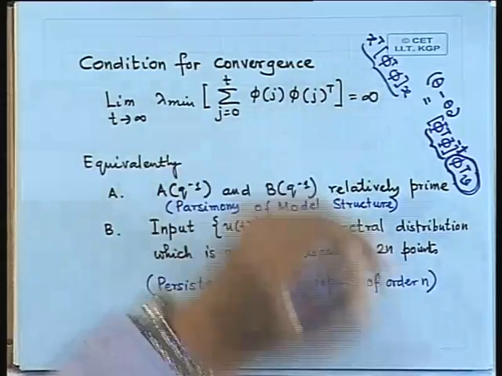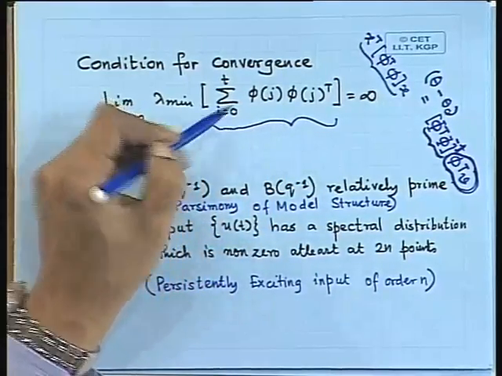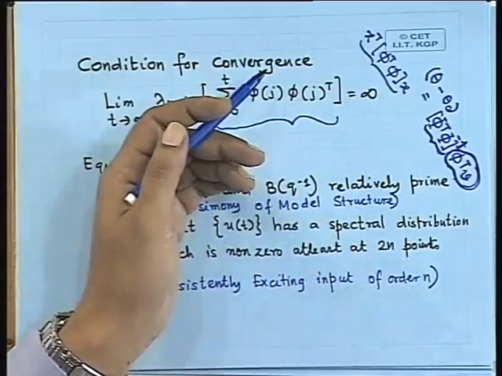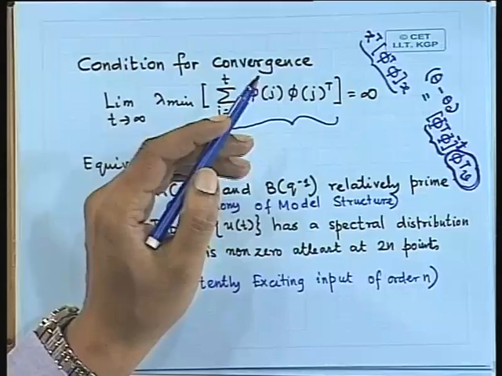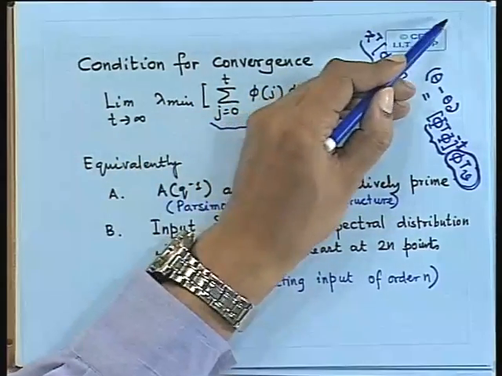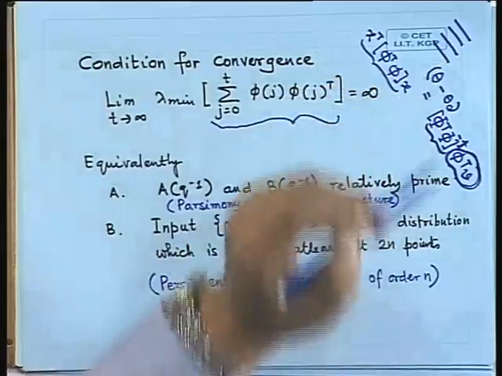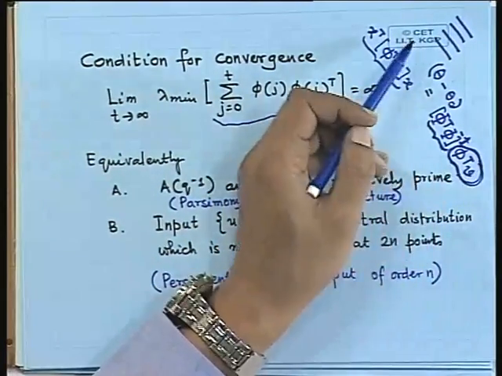So what is phi transpose phi? Phi transpose phi is nothing but this sum. Here I have used small phi's. As we have seen in class, the capital Phi actually consists of small phi's as rows. Actually each row is a small phi transpose.